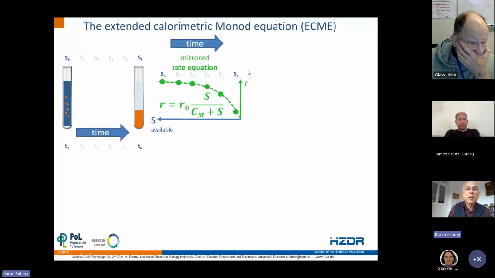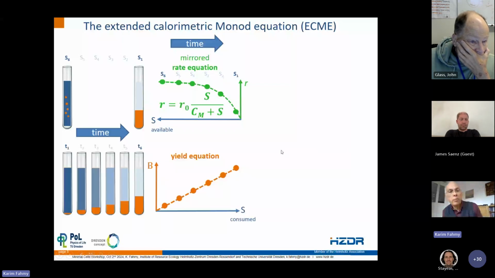So the batch culture goes from high to low, and in parallel, it goes from low to high in terms of biomass. And what we do to describe minimal cells batch culture heat evolution is we multiply these curves for a simple reason. In the beginning, you have lots of nutrients, but little biomass. So the heat flow from a batch culture should be just the product of both.